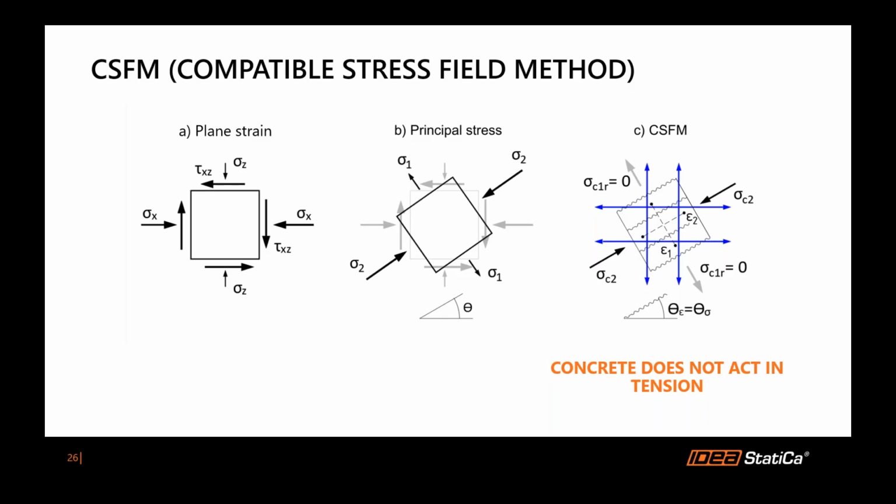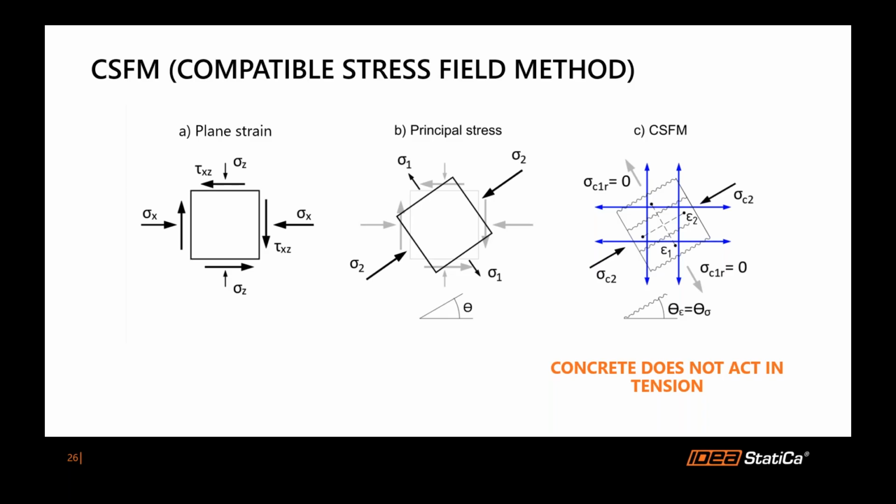The CSFM principle can be explained using a 2D plane stress element in a reinforced concrete structure. The picture on the left illustrates this element under horizontal normal stress, sigma x, vertical normal stress, sigma z, and shear stress, tau, as typically demonstrated in elasticity classes at universities.